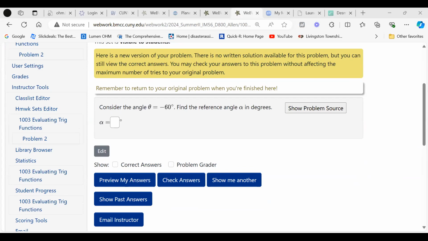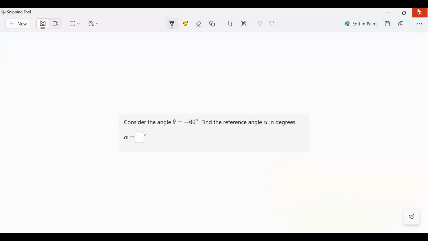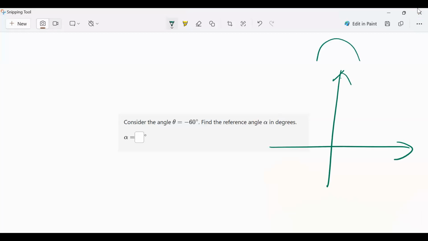Again, you draw the Cartesian system and visualize step by step. This is counterclockwise, but now we're going clockwise to get a negative angle. This is 0 degrees, the starting point. Now minus 60 is right here, meaning this is 60 degrees.